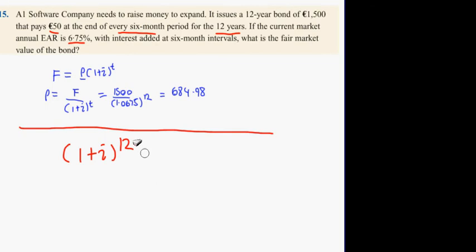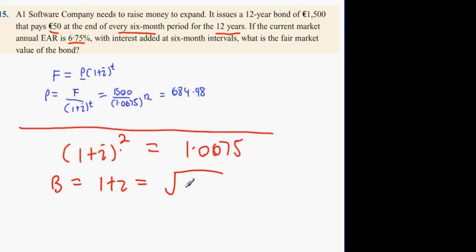There are only 2 payments a year, so that has to be the equivalent of 1.0675. Our b value therefore is 1 plus i, which is equal to the square root of 1.0675.